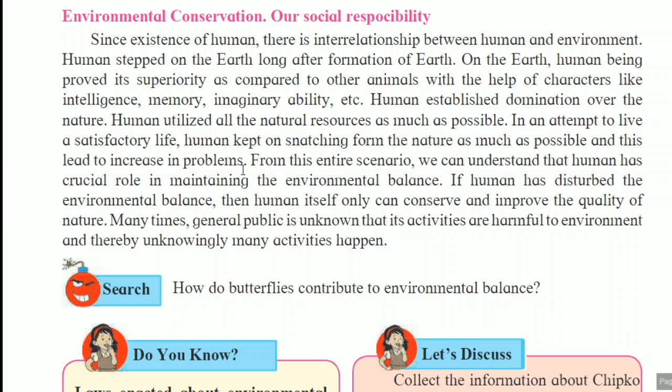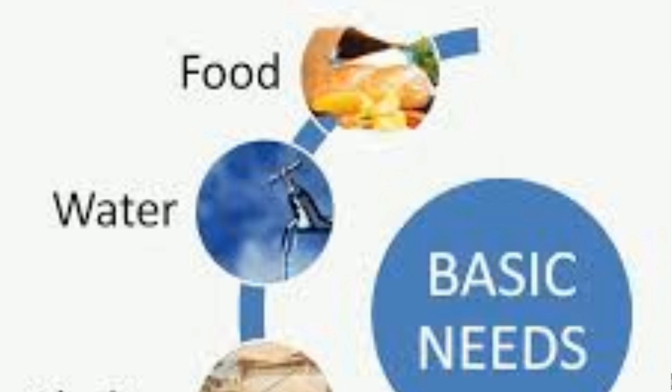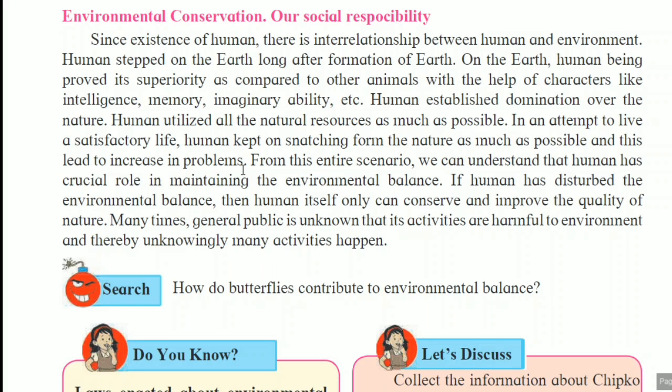We know that all human beings, directly or indirectly, depend on nature to fulfill our basic needs. Which ones? Food, shelter, clothes, medicines. But due to this, degradation is occurring, and due to this degradation, environmental imbalance occurs.